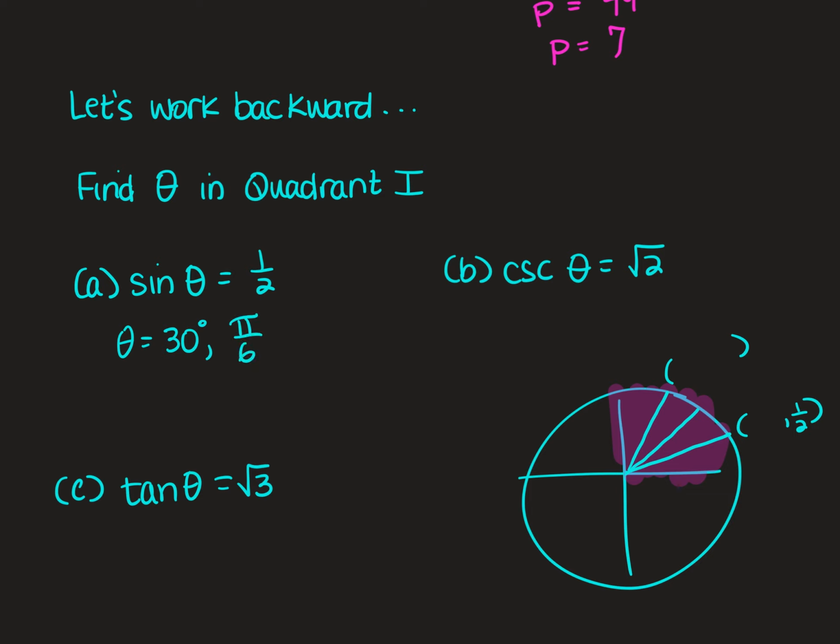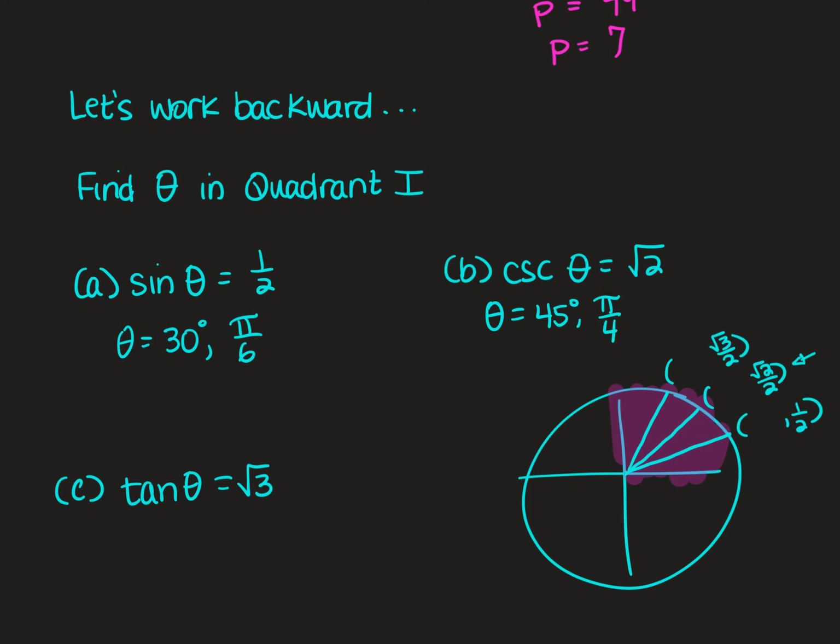Okay, the second one says, now figure out when cosecant is the square root of 2. So we know the cosecant is the flip of your y coordinate. So if I look at my y coordinates for the other angles that I haven't talked about yet, the only one that looks like it could work is this one here. So I could say, okay, well, theta is 45 degrees or pi over 4.